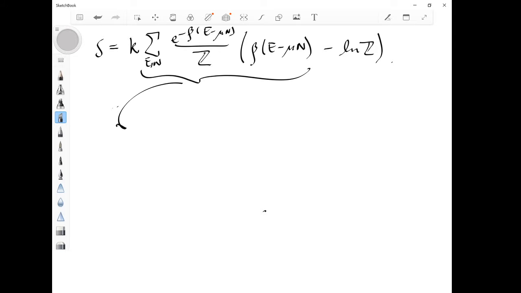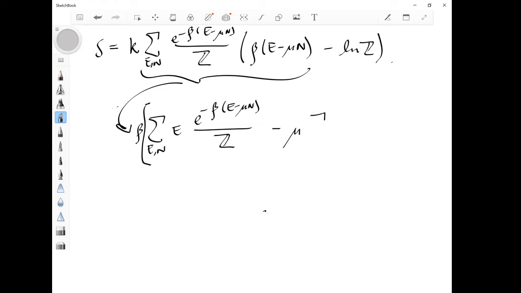We've got a beta out the front, sum over E and n of E, e to the minus beta (E minus mu n) all over Z, and then we also have minus mu outside of the sum over E and n of n, e to the minus beta (E minus mu n) all over Z.